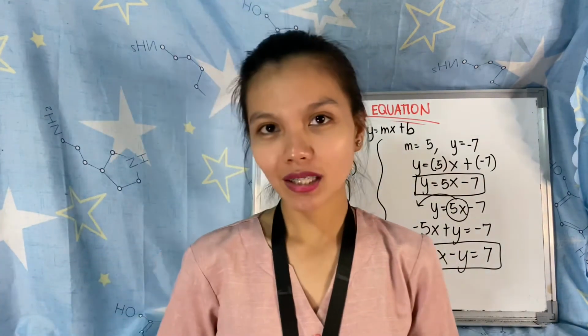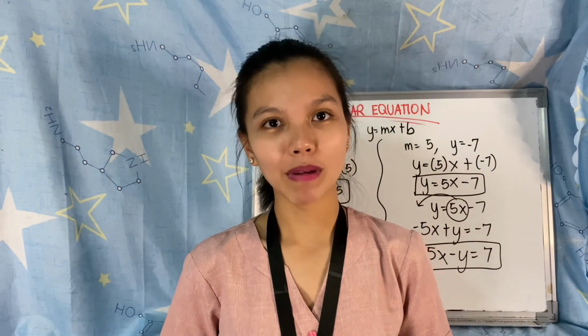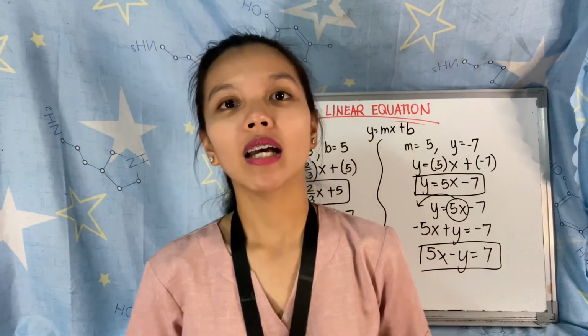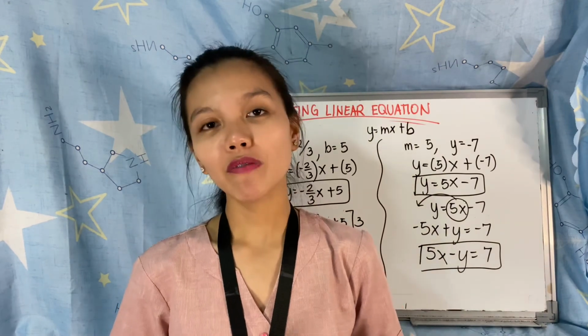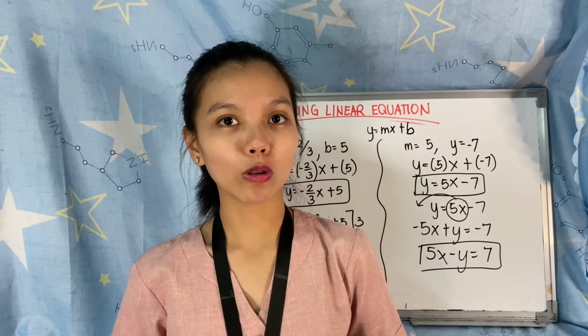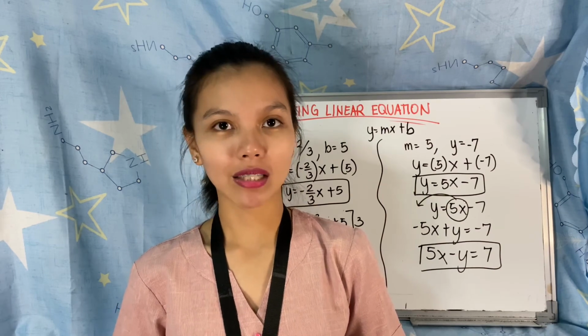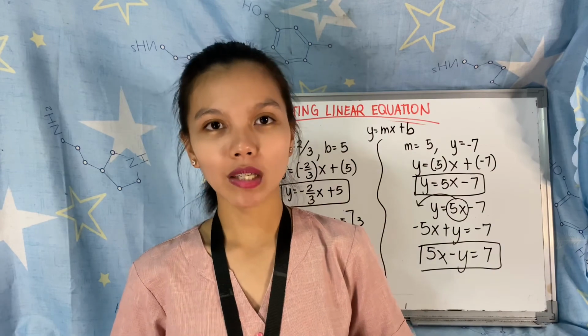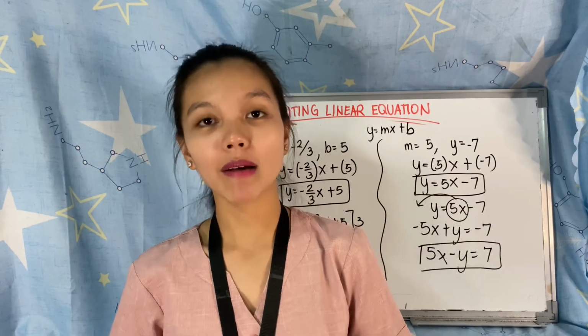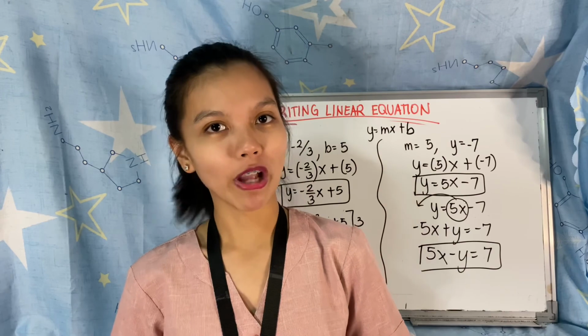So, depende sa given natin kung ano ang gagamitin natin sa pagkuha ng ating linear equation or yung equation of the line natin. If the given is 2 points, you're going to use the 2-point form, yung ginamit natin sa ating unang discussion, sa first example. Then, kung ang given naman ay slope and a point, you're going to use point-slope form.